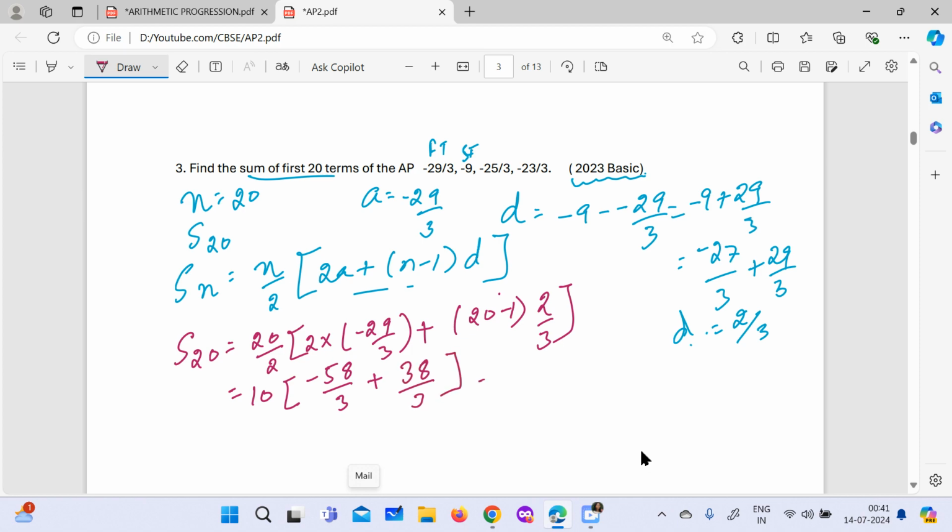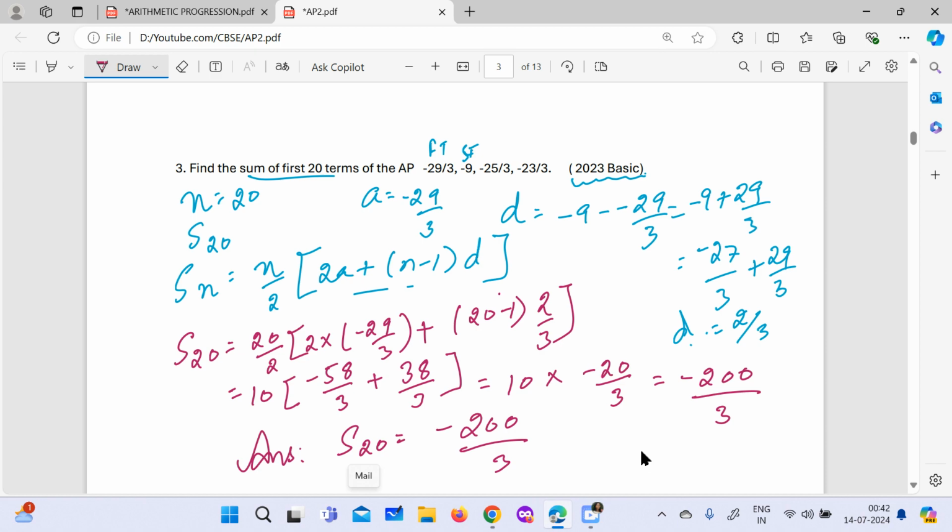So we can solve it directly now. 10 times we get minus 20 over 3, and that will be minus 200 over 3. So your answer will be S20 equals minus 200 over 3. Yeah, now let's move to the next question.